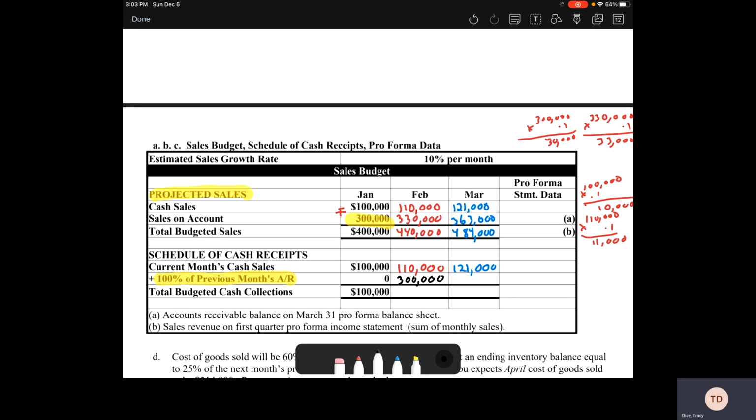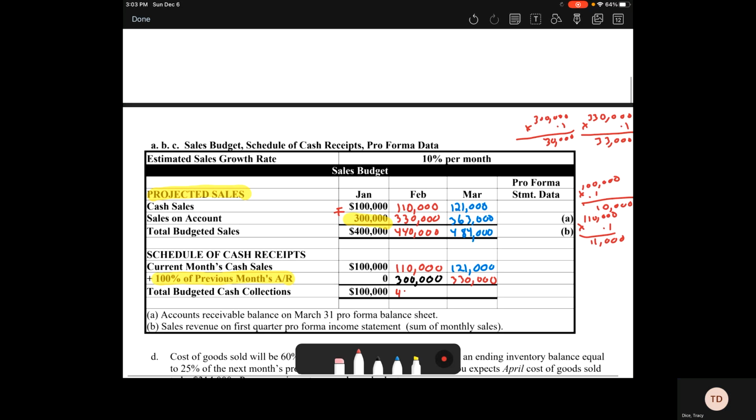And then in March, collect the previous month's. So we are now going to collect February's accounts receivable. And then we're going to add all those up. So in February, we should have cash collections of 410,000, and March we should have 451,000 in our total cash collections.